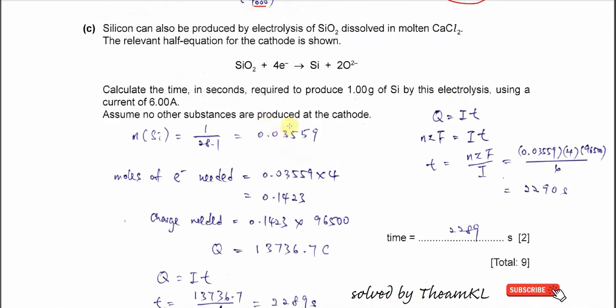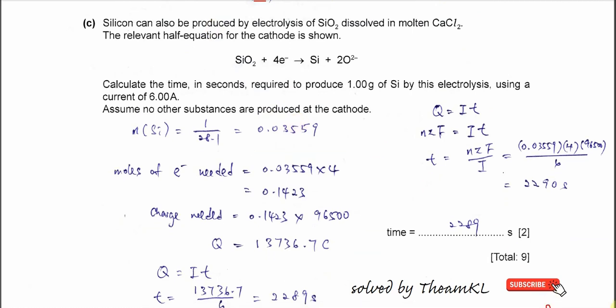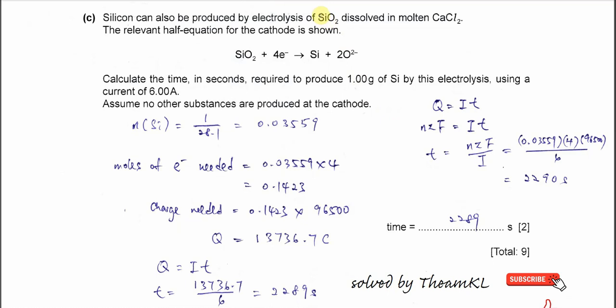Part C. Silicon can be produced by electrolysis of silica, the SiO2, dissolved in molten calcium chloride. This is the equations that you should follow. Now calculate the time in seconds required to produce 1 gram of silicon by this electrolysis using 6 ampere.